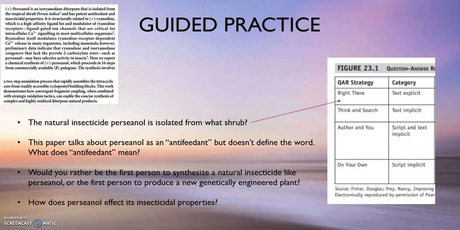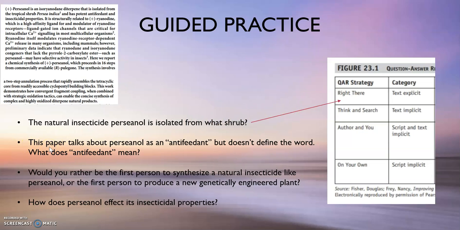Okay, so this is a right there question. You can see from this first sentence, prosaenol is isolated from the tropical shrub Persea indica. The answer is right there in the text. It's a Christopher Columbus question, so it is text explicit.